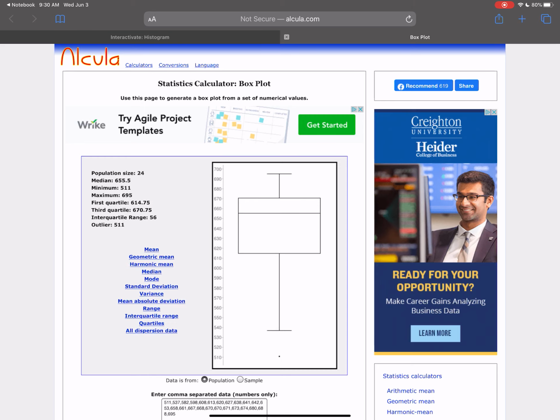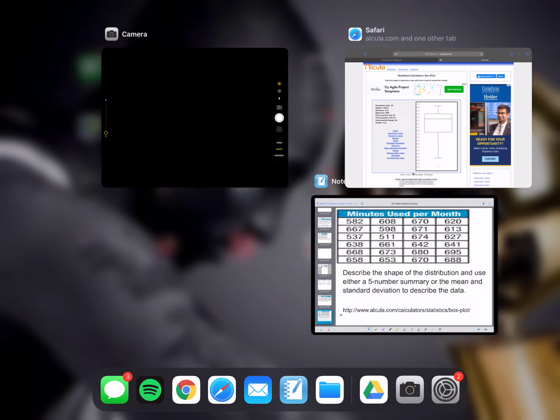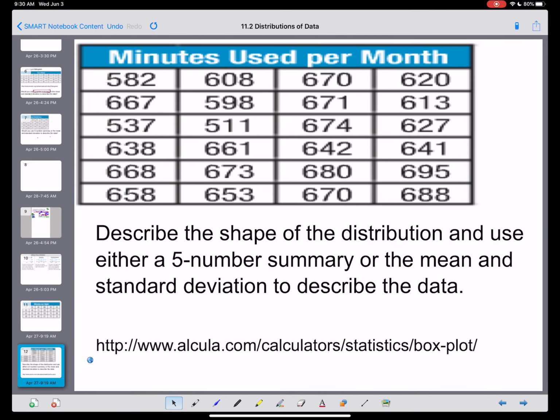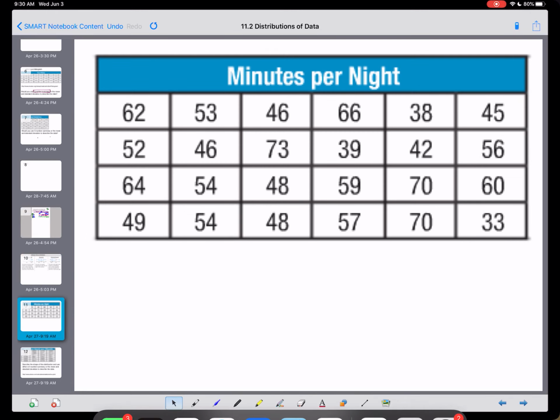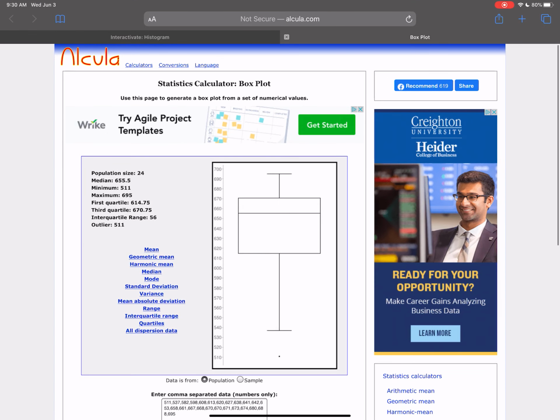Looking at this right now, it looks like it is skewed to the left, or negatively skewed. The reason is, I know it's hard because it's vertical, but if you look at the tail, a chunk of the numbers is more spread out on the smaller numbers.